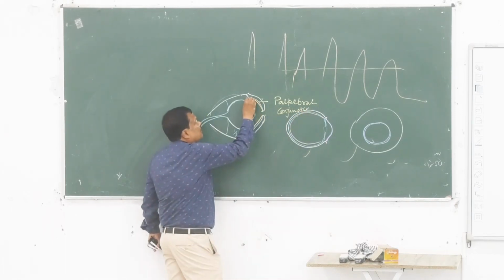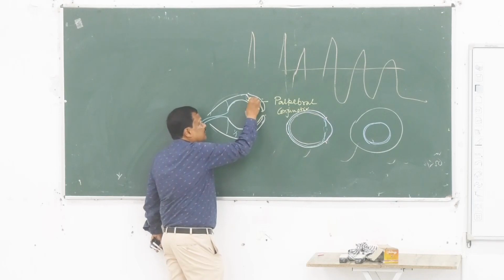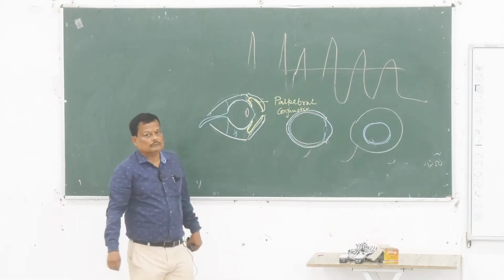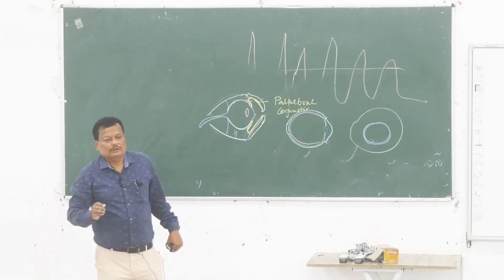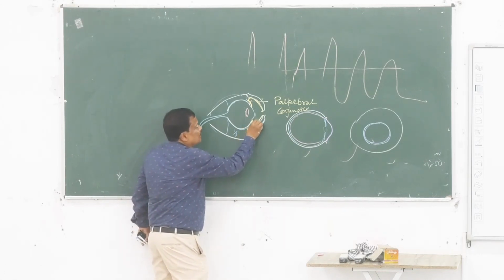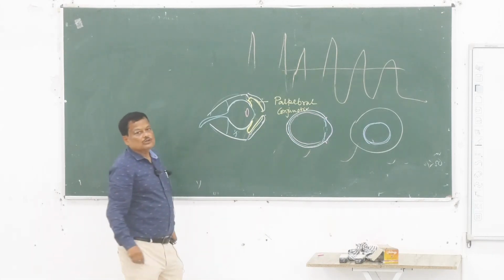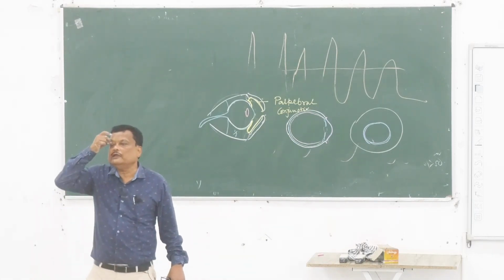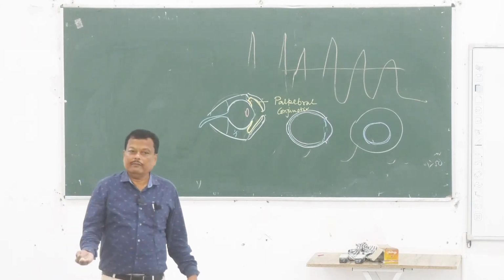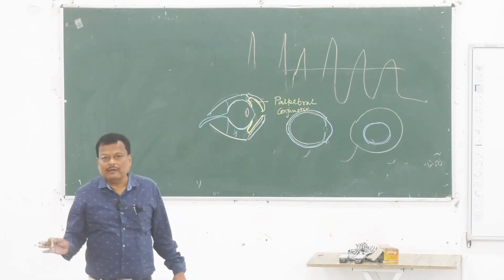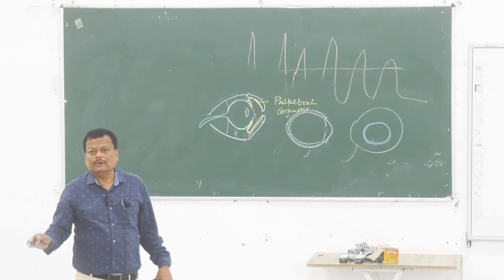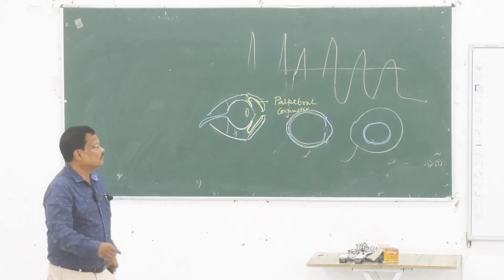Conjunctiva is the same, শুধু নাম চেঞ্জ। Why palpebral? Because the Latin name of eyelid is palpebrae. মেডিকেলি আমরা বলি প্যালপেব্রাল কনজাংটিভা। সেম থিং, শুধু নাম চেঞ্জ হয়ে গেল। কেমন?